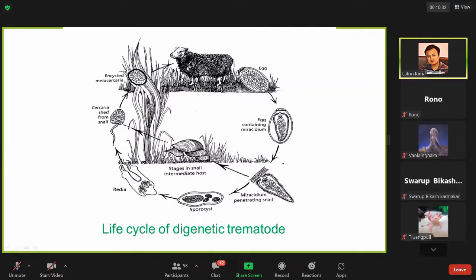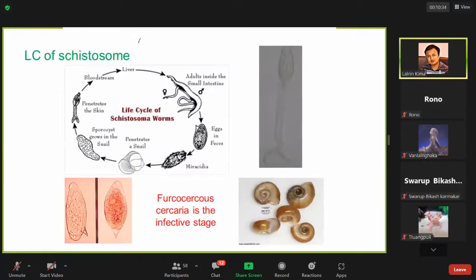So simple. Another type of life cycle depicted by trematodes is the life cycle of Schistosoma. It is very similar, with a little bit of differentiation from the previous one, in the sense that the adult parasite lays an egg which is non-operculated.